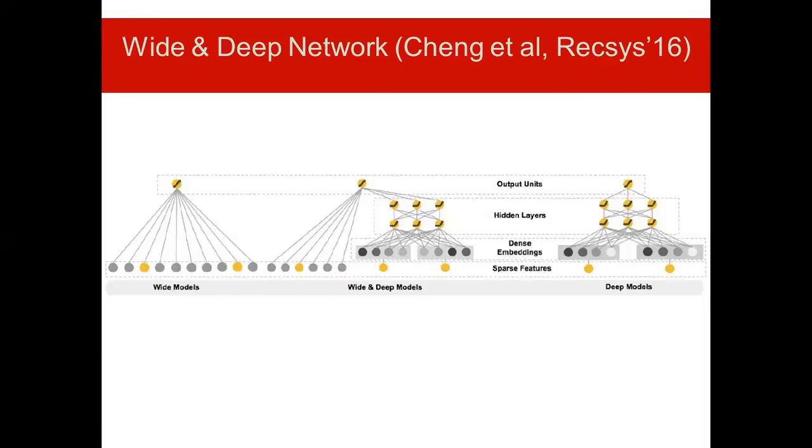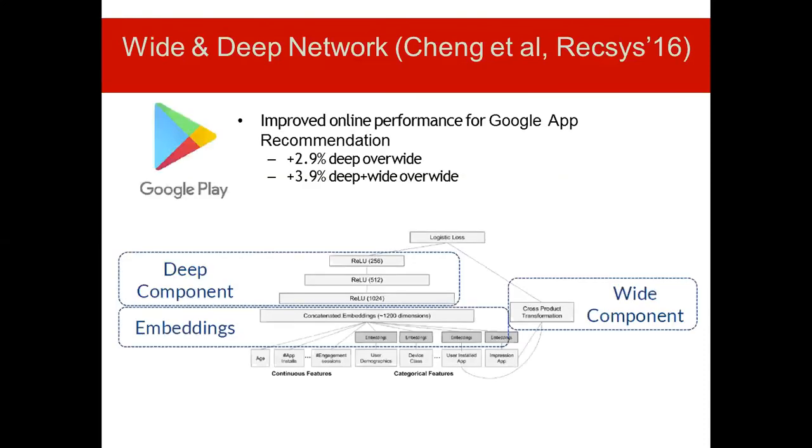So this work combines wide and deep networks. Half of the network is wide, and the other half is deep. Here is the exact architecture. On the left-hand side, those features are very deep because they have to go through multiple layers of transformations.